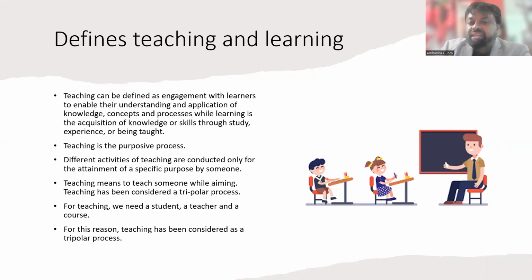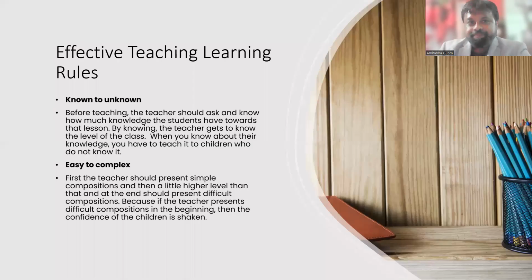Different activities of teaching are conducted only for the attainment of a specific purpose by someone. Teaching means to teach someone. Teaching has been considered a tripolar process. Why? Because for teaching we need a student, a teacher, and a course. That's why it is called a tripolar process.